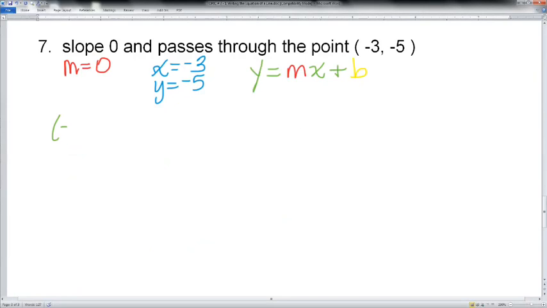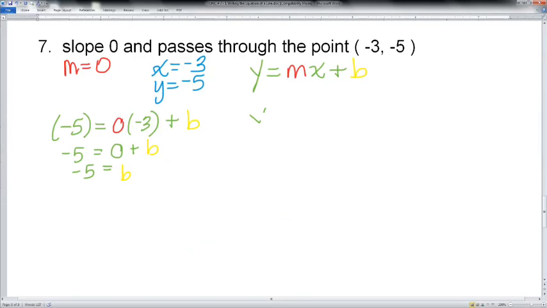So y, which is -5, is equal to my m, 0, times my x-coordinate, which is -3, plus my b. So I have -5 is equal to, well, 0 times -3 is 0, plus my b. Well, 0 plus b is just b, and so b is -5.